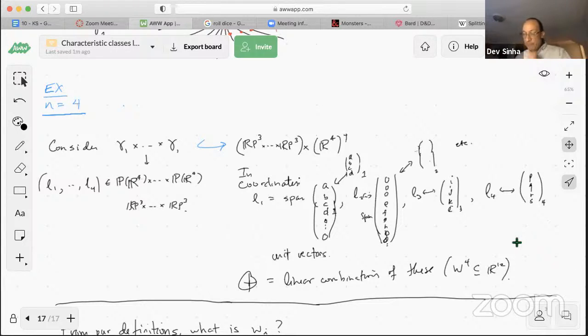So L1 is going to live in the first of those 4 copies of R4. Let's just call it a, b, c, d sub 1. They're all going to be unit vectors. So a squared plus b squared plus c squared plus d squared equals 1. And then it's going to be 0 on all other factors. And the way I want to say that is, I want to write a, b, c, d sub 1, because it lives on that first copy of R4 within R16.